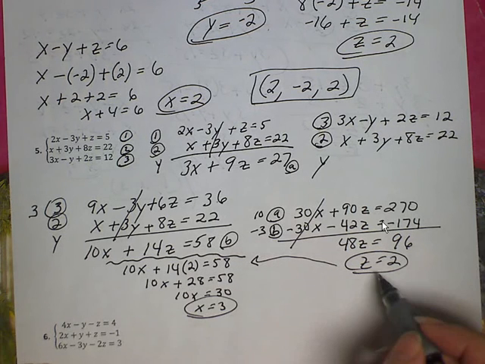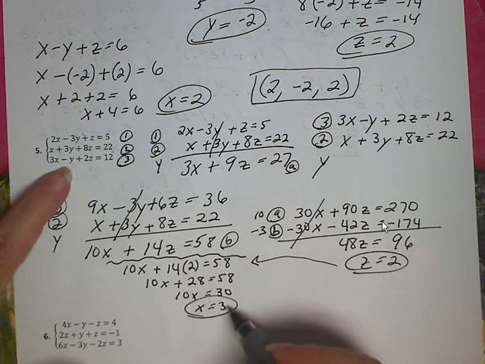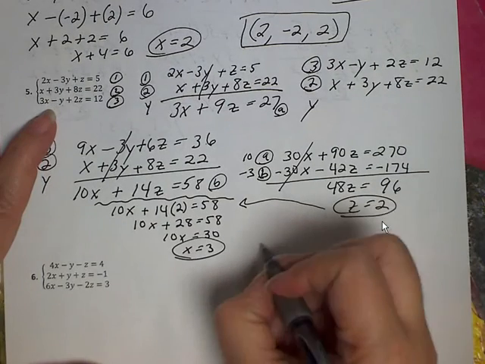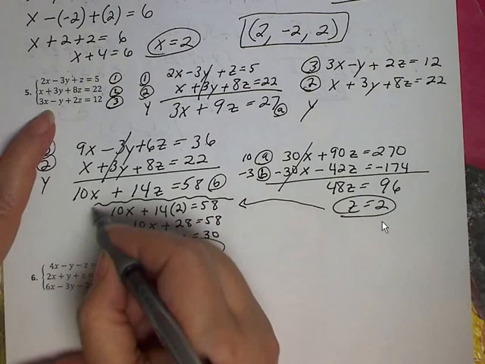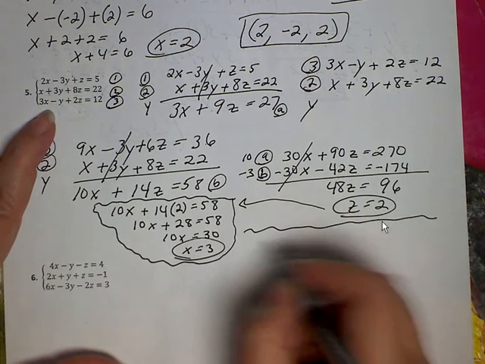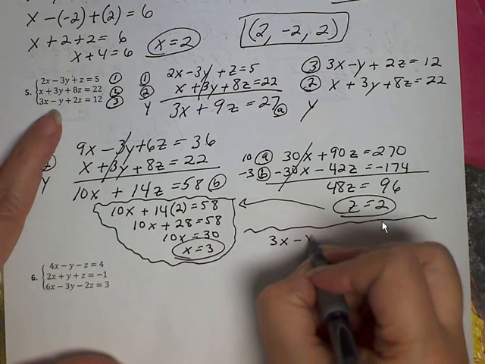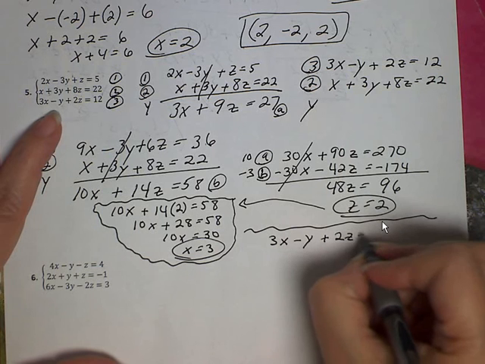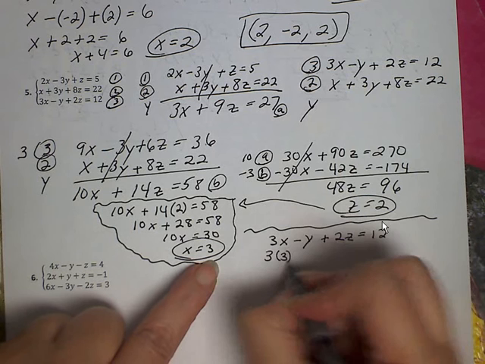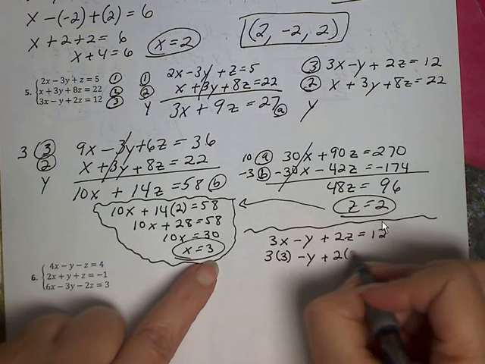So I have z, I have x, now I need y. I'll use 3x minus y plus 2z is equal to 12. I know that 3 times 3 minus y plus 2, instead of z I'll do my 2, is equal to 12.